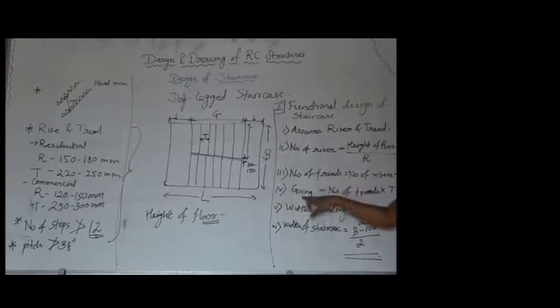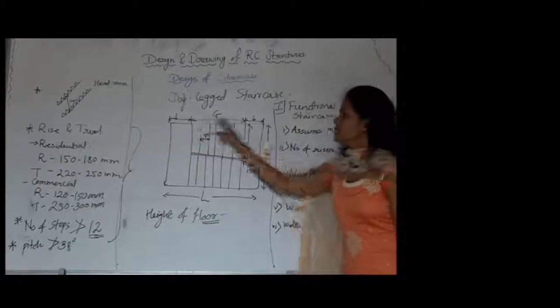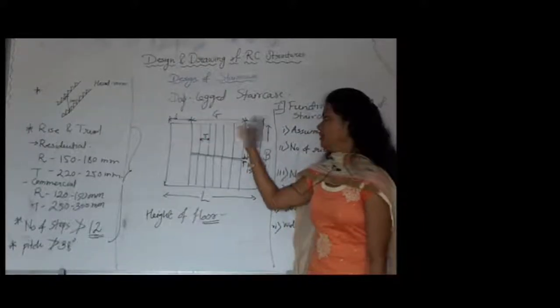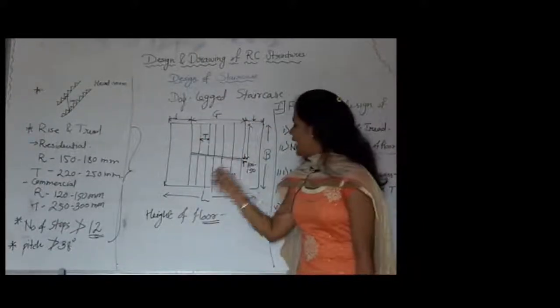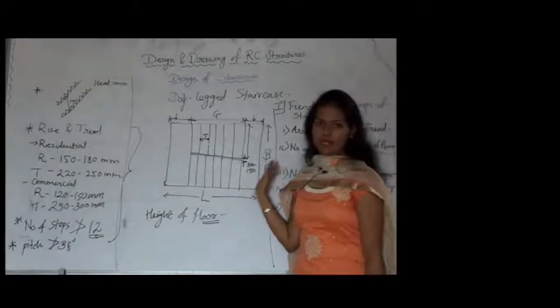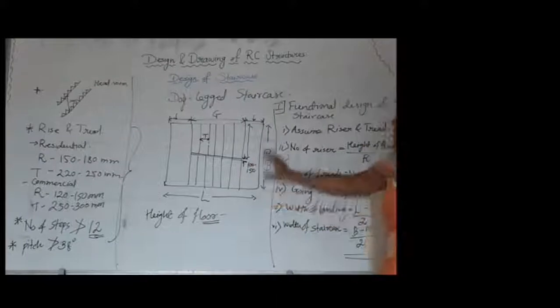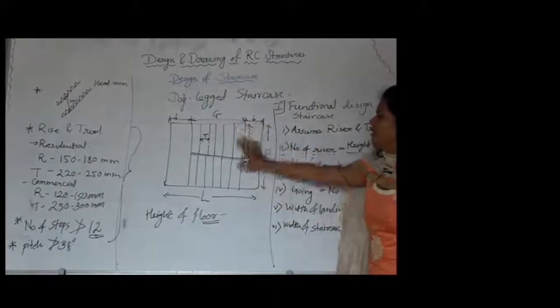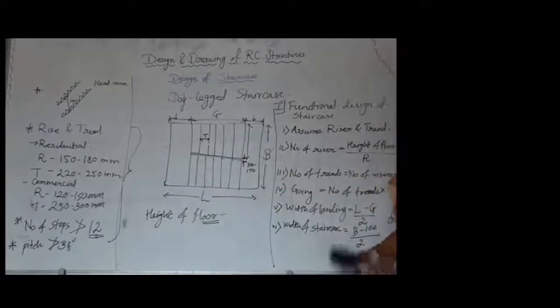Based upon that, we find a going distance, which is nothing but distance between the first riser and last riser. And as we have total length, we can find out how much width of landing we can provide, and since it is a dogleg staircase, we can find how much will be the width of staircase. So, this is our step number 1.